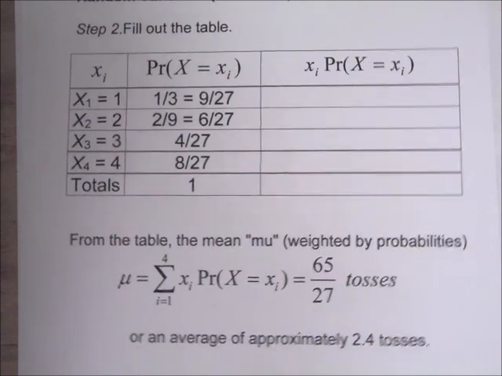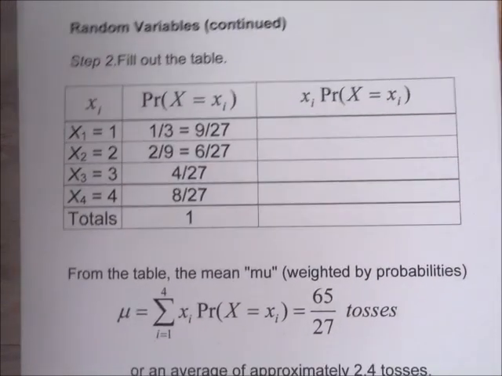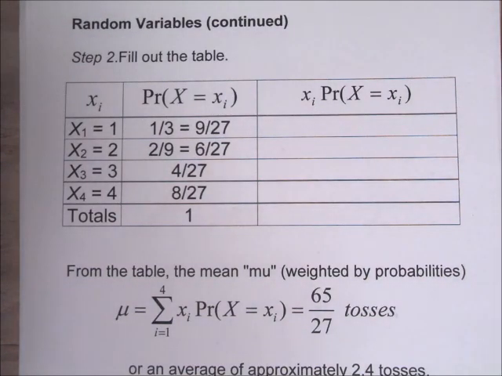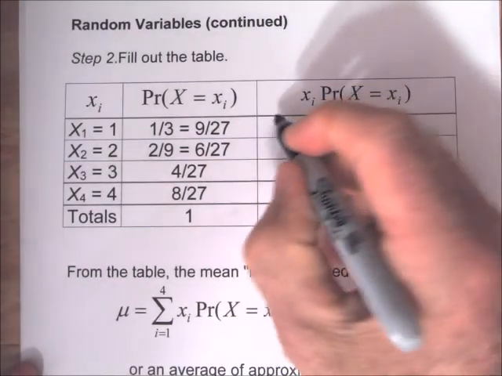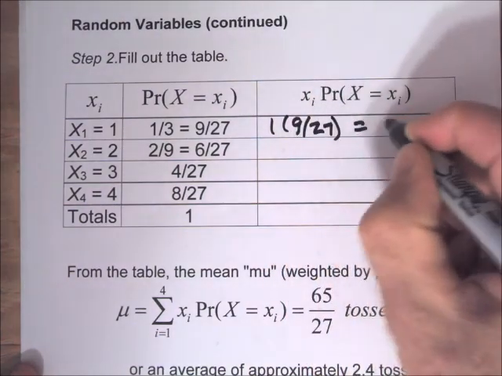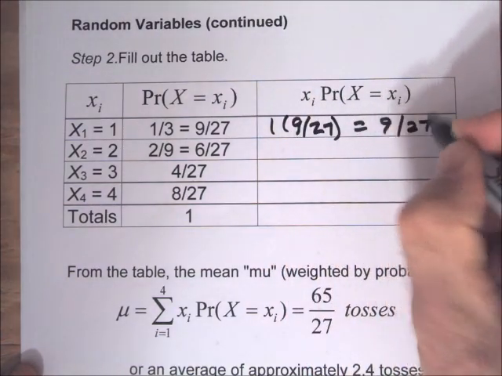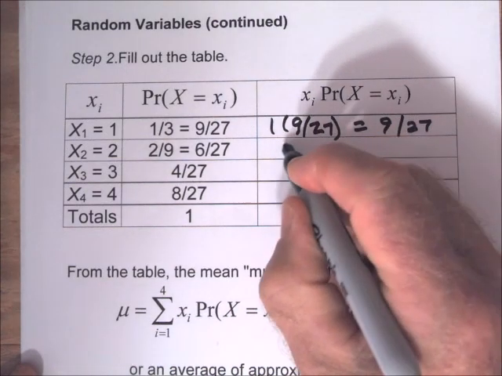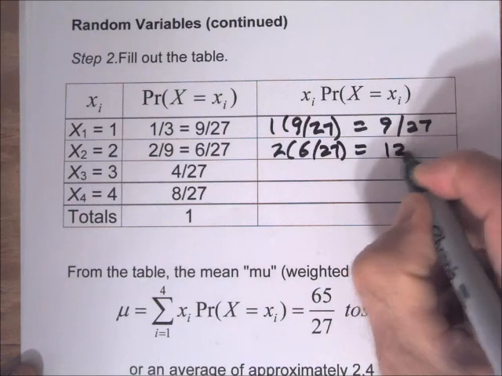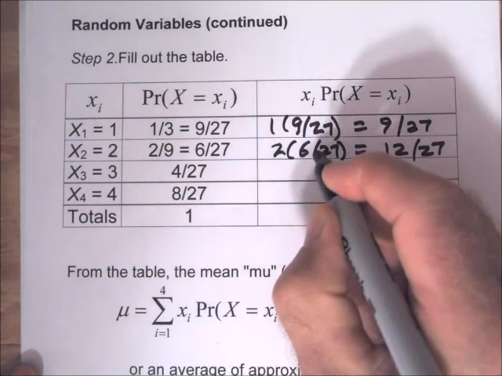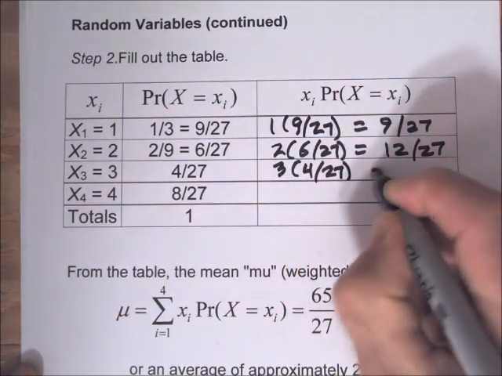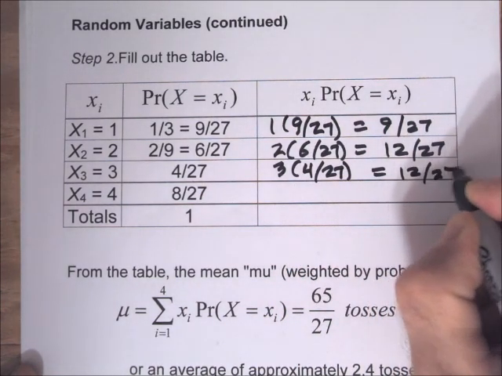And then we want to compute the weighted mean by multiplying each value of x times its probability. So 1 times 9 out of 27 is 9 out of 27. 2 times 6 out of 27 is 12 out of 27. 3 times 4 over 27 is also 12 over 27.